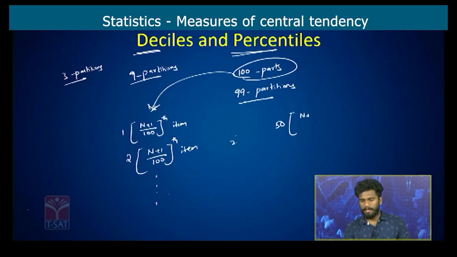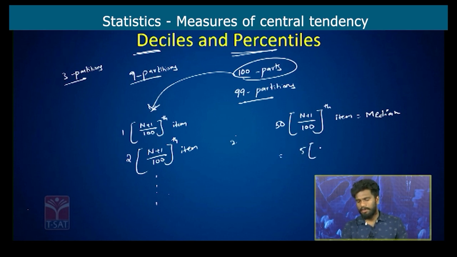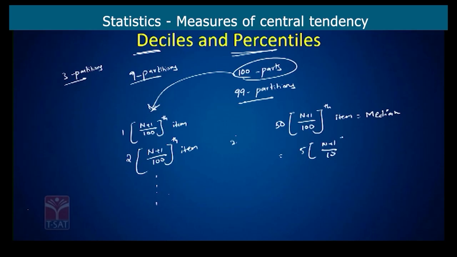The 50th percentile is given by 50 into (n plus 1)/100th item, which is also equal to the median, and this is also equal to 5 into (n plus 1)/10th, that is the fifth decile. Median is nothing but the second quartile.